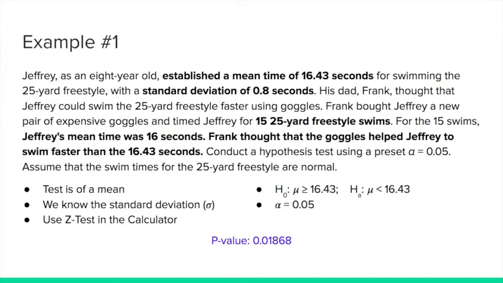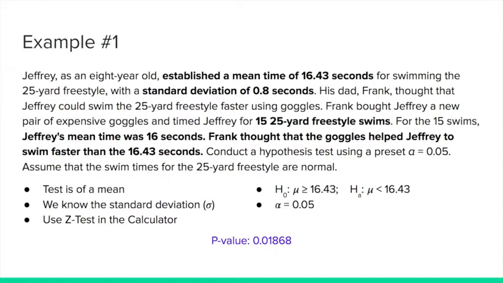And if you go to the calculator and do z-test, let me walk you through this. Let me look at my calculator as we go. Stat, go over to tests. Z-test is the very first option in the list, so that's nice. We want to select stats for this one. Our mu0 is the mean that shows up in the null hypothesis, so 16.43 would be mu0, mu naught.